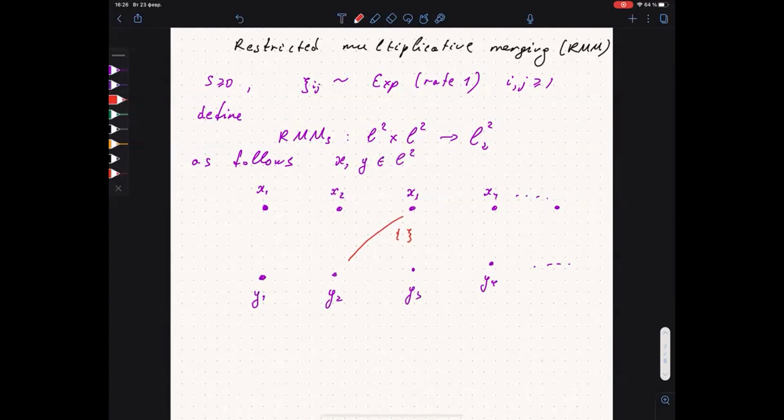For example, if ξ_32 is less than or equal to x3 multiplied by y2 s.